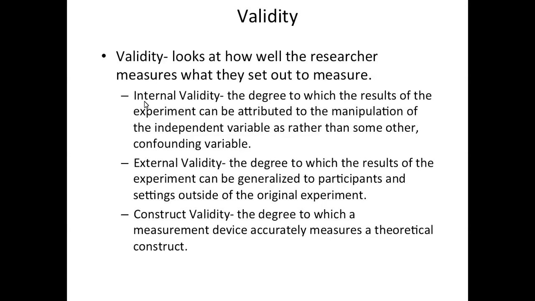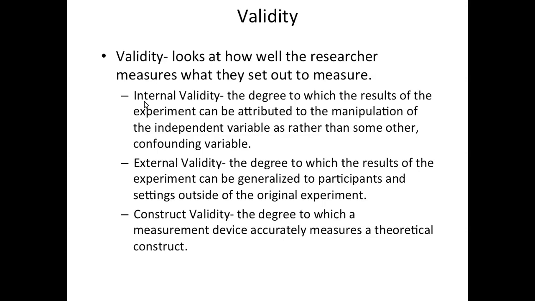In order for you to say that the independent variable is a cause of the changes in your dependent variable, we got to get rid of confounds. So internal validity is a way of assessing the degree to which we can say the independent variable caused changes. If we eliminate confounds, then we're going to say we have strong internal validity.